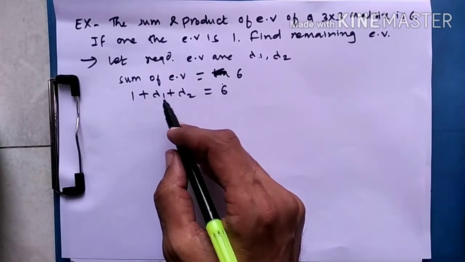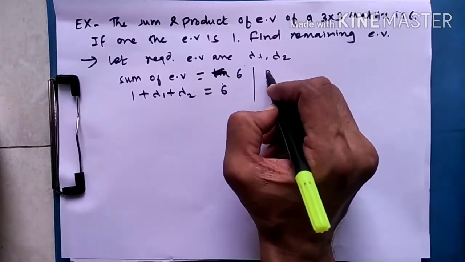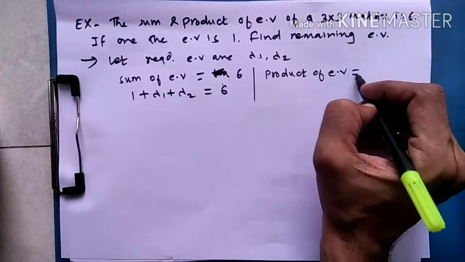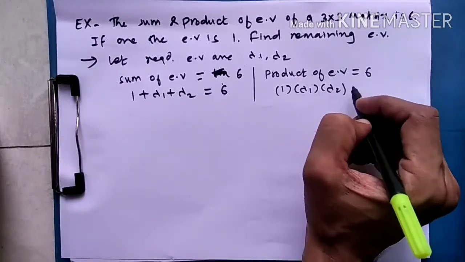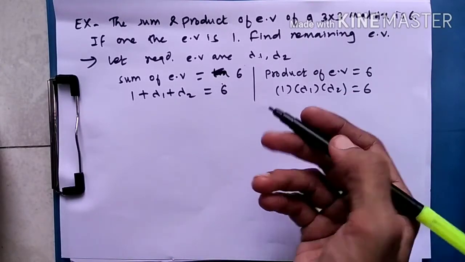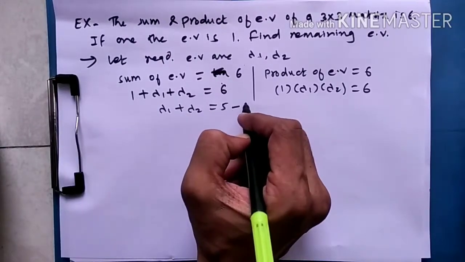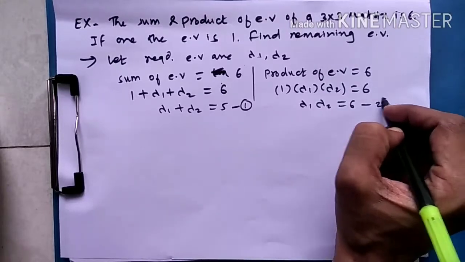So it is 1 plus lambda 1 plus lambda 2 equal to 6. And similarly, product of eigenvalues is also 6. So product will be 1 into lambda 1 into lambda 2 is equal to 6. So exactly similar problem. Here you will get the first equation, lambda 1 plus lambda 2 equal to 5, and second equation is lambda 1 into lambda 2 equal to 6.